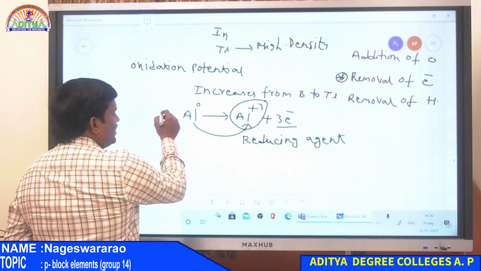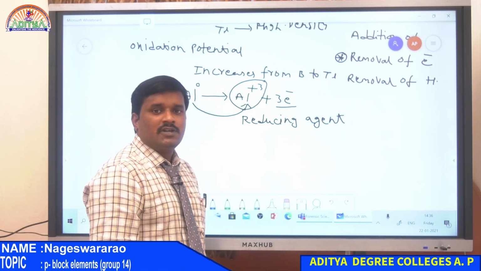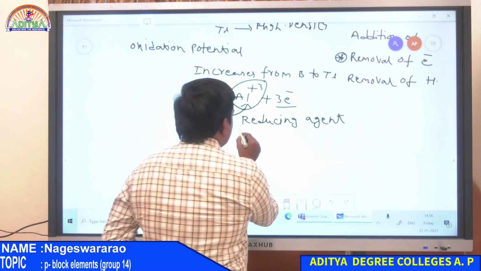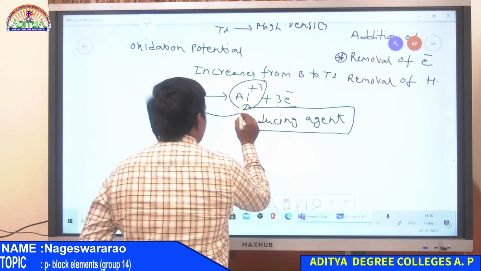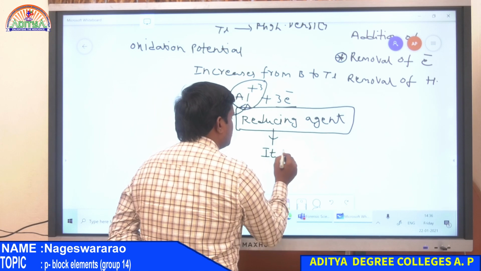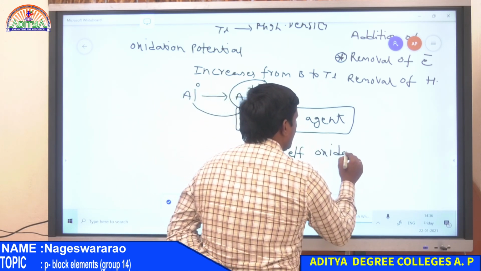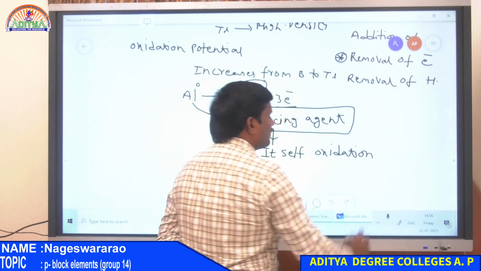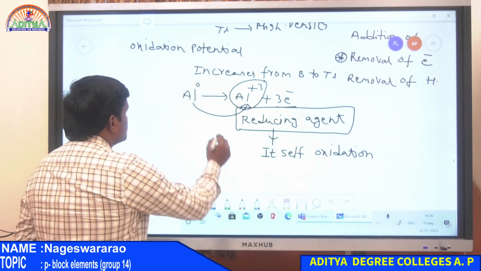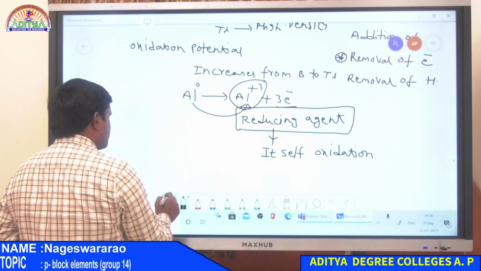Aluminum easily undergoes oxidation, therefore it easily reduces the remaining elements in the group. That is why aluminum is known as the best reducing agent in this group. So, reducing agent means itself undergoes oxidation and it can reduce the remaining elements present in the group. So, from top to bottom, oxidation potential values increase.